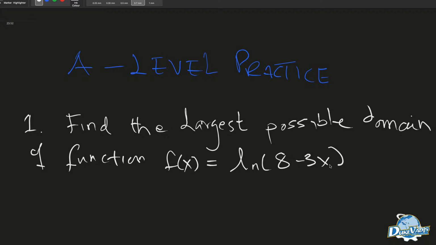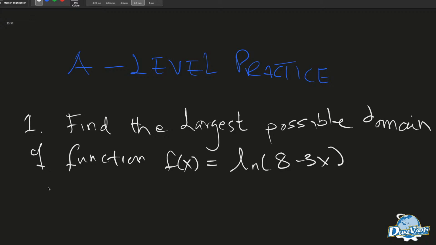Okay, so when we meet such a question, find the largest possible domain of a function f of x equals natural log of 8 minus 3x, you see you have to take the log of a positive number.